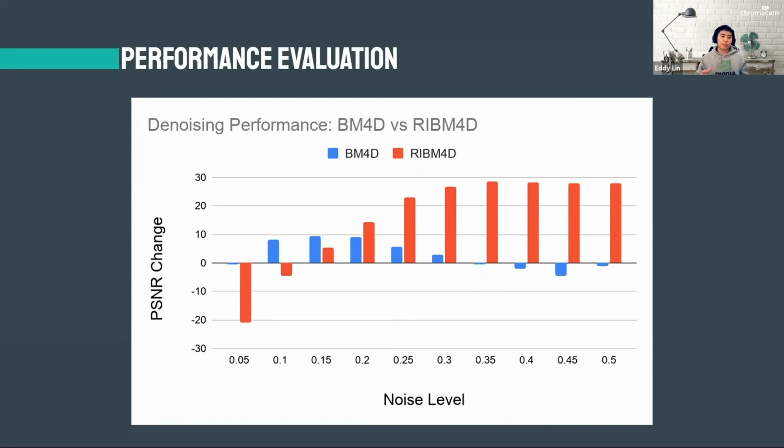We saw big gains at 0.2, 0.25, and everything above that did much better than the standard BM4D. It is interesting though to see that both the BM4D and the RIBM4D did not perform that well with a lower noise level.